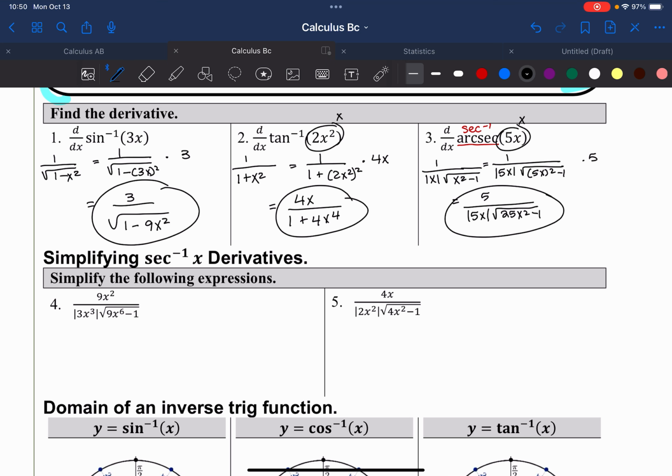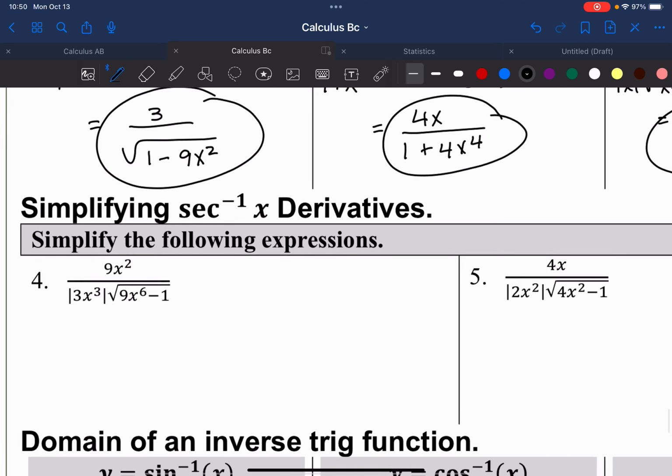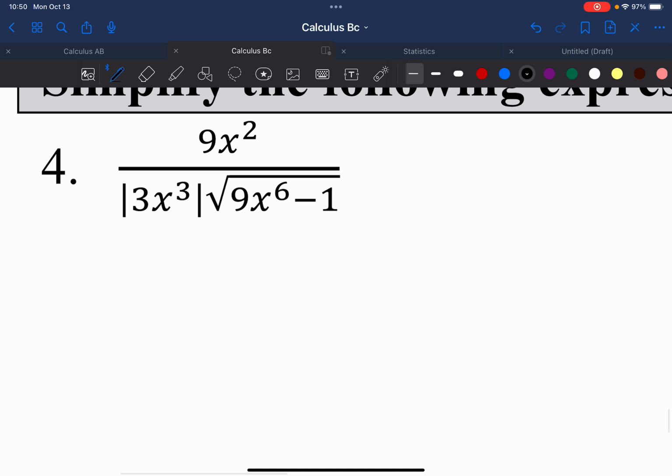Okay. Now in the next example, it wants us to simplify the derivative of inverse secant x. So here it gives us the derivative and it wants us to see if we can simplify it.